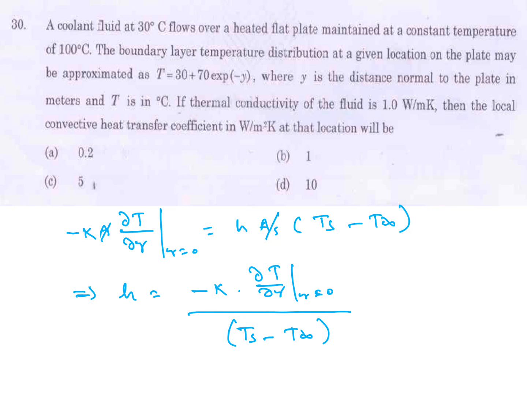Here the data are: T infinity is 30 degrees Celsius, the flat plate surface temperature Ts is 100 degrees Celsius, and the T equation is given, 30 plus 70 e to the power minus y.